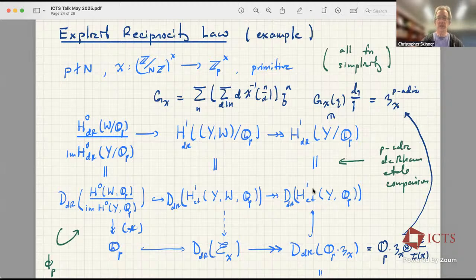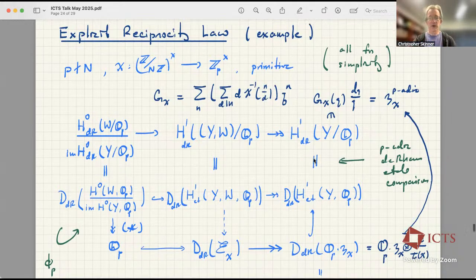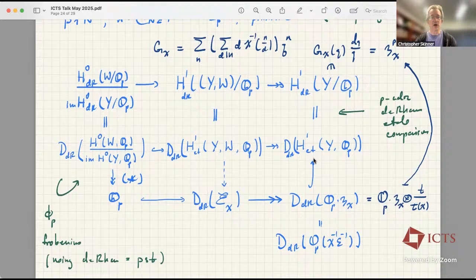What we want to compute for this explicit reciprocity law was the Bloch-Kato logarithm of this extension E sub chi. And that's also got a very, very concrete expression.